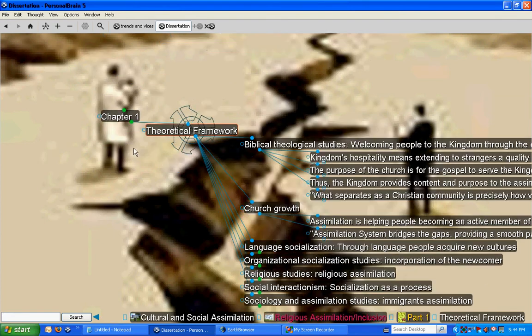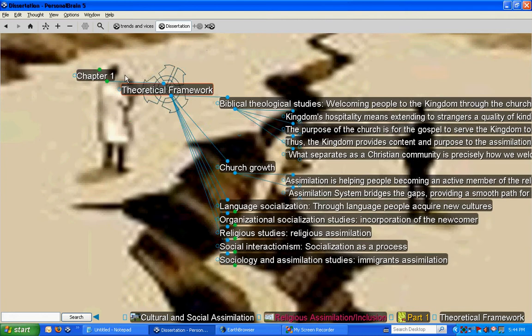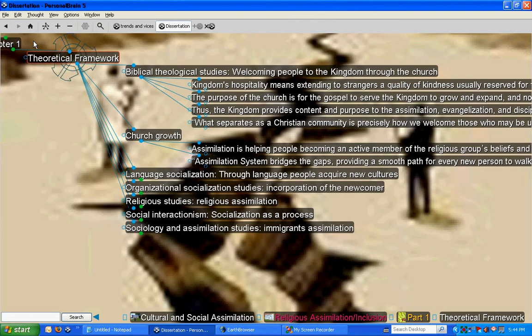I also talk about the terms, assimilation as culture learning, and then description of culture, description of newcomer, and then comes the theoretical framework within chapter 1. There were two main important theories in this framework.